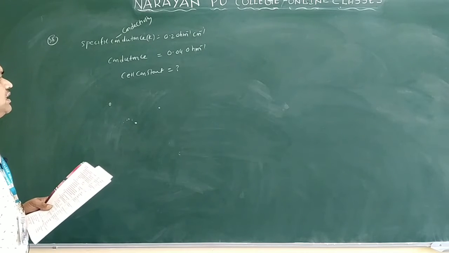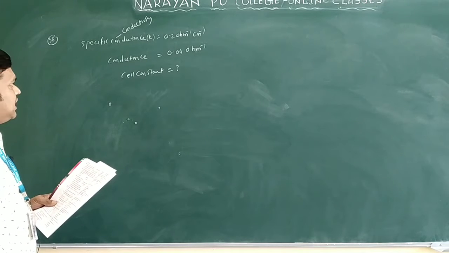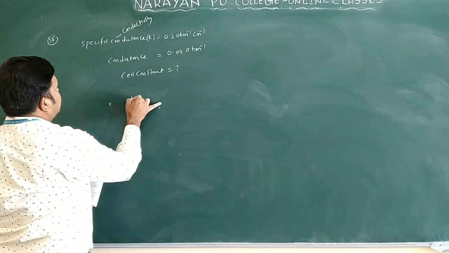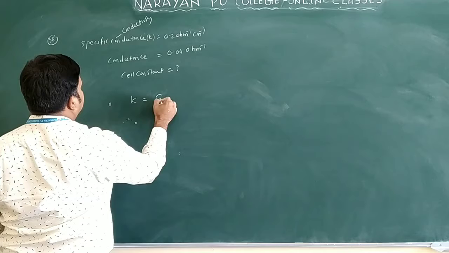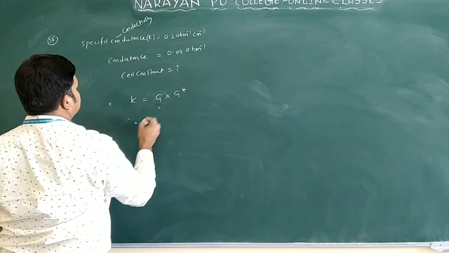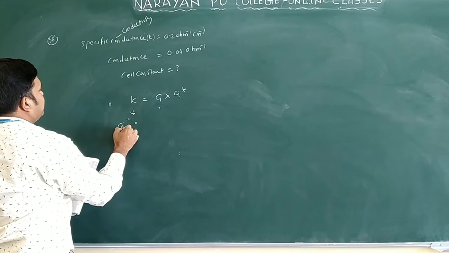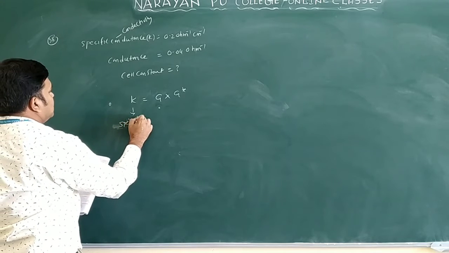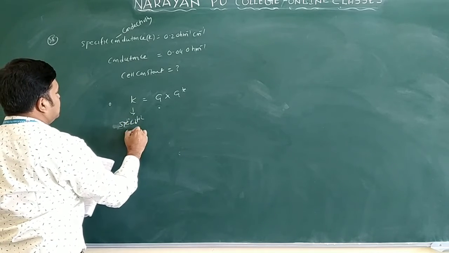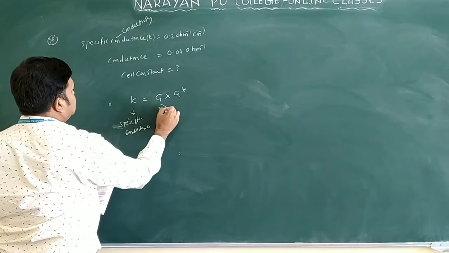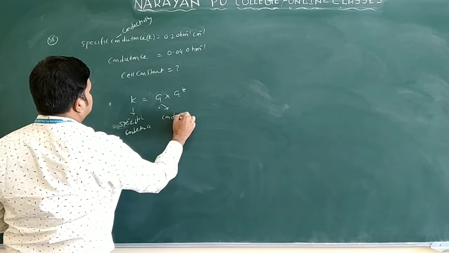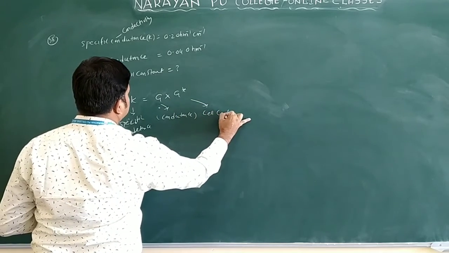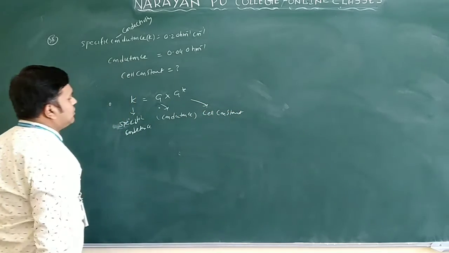So we have to get the relation between the specific conductance and the cell constant. Specific conductance K is equal to G into G star, where K is the specific conductance, G is the conductance, and G star is the cell constant.